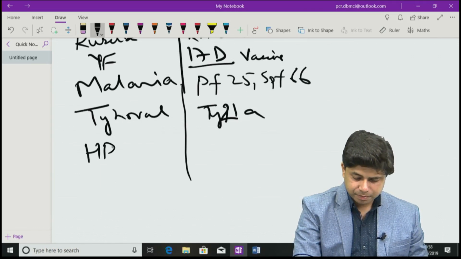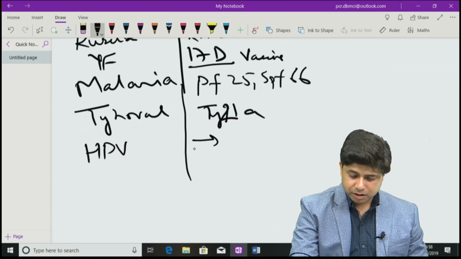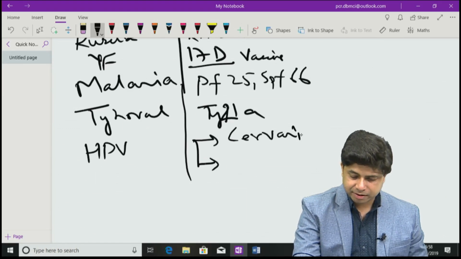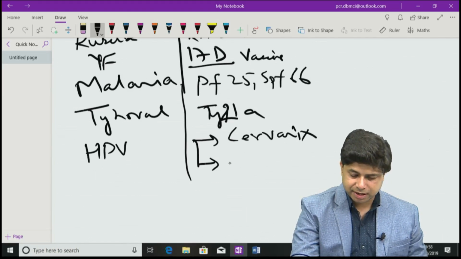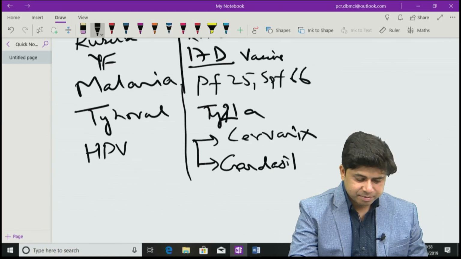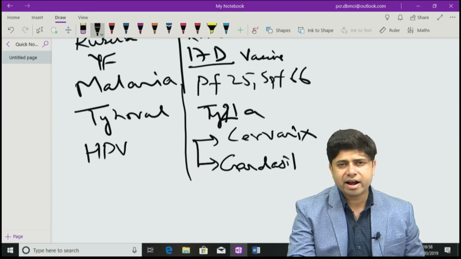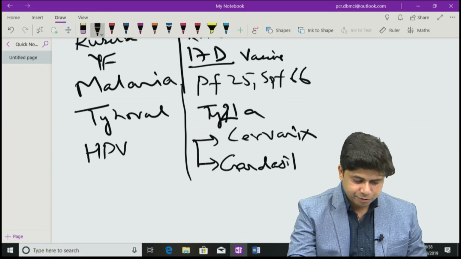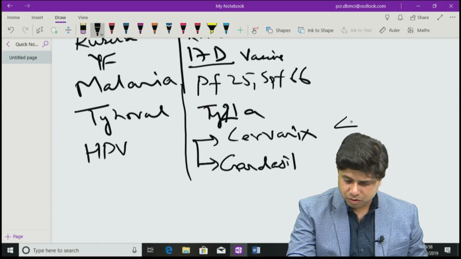HPV: there are two vaccines, Cervarix and Gardasil, as I have explained in my earlier videos. These are the brands. Cervarix uses 2 strains and Gardasil uses 4.